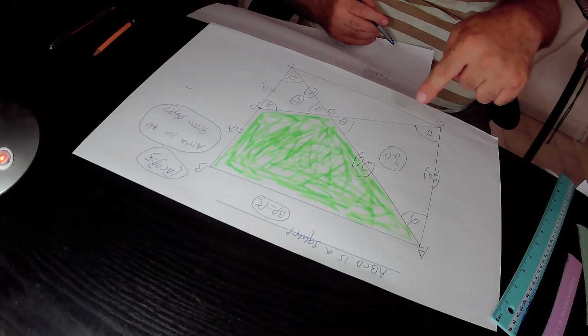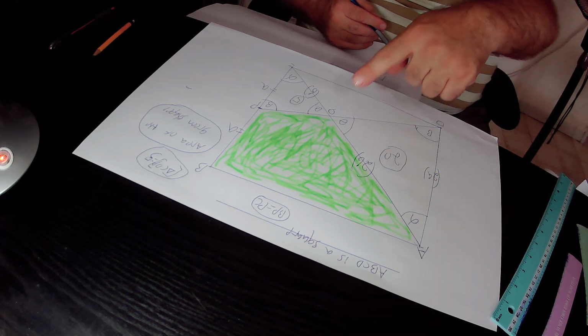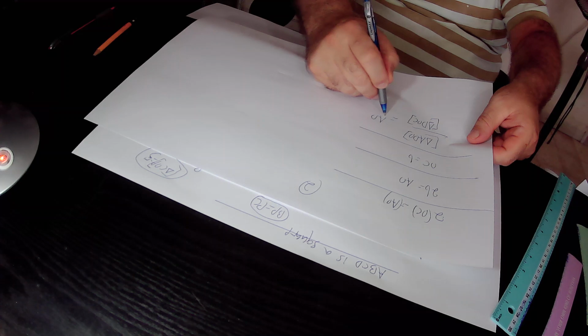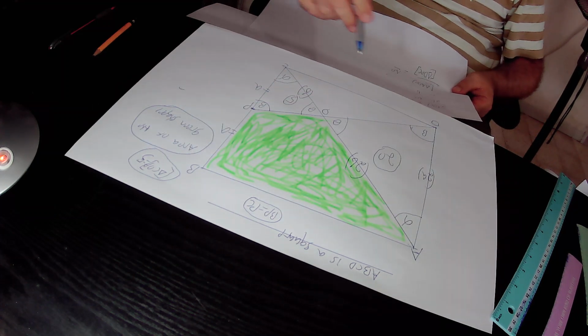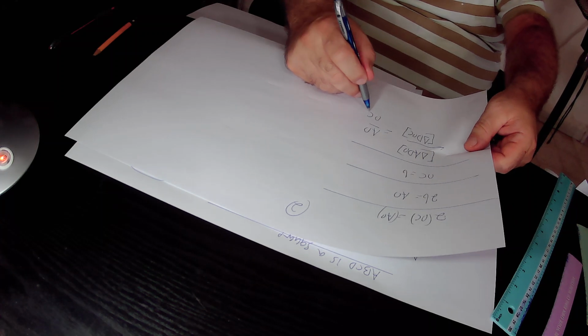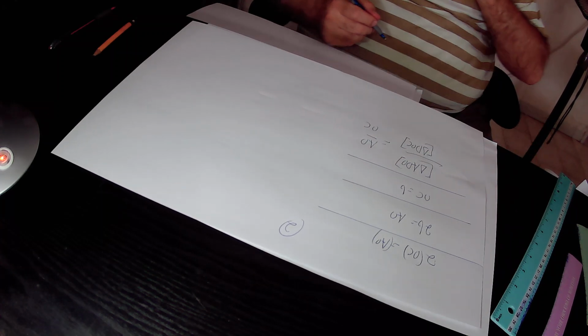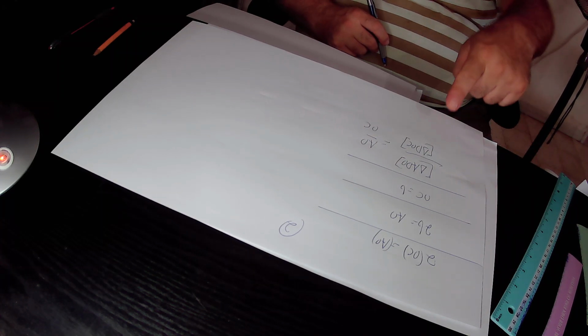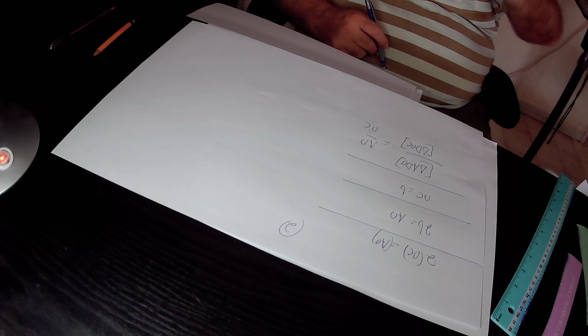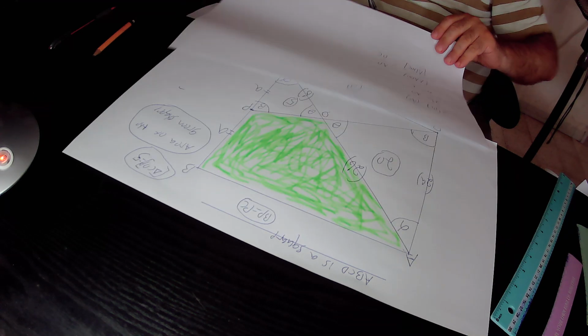The base of triangle ADO is AO, and the base of triangle DOC is OC. So the area of triangle ADO over the area of triangle DOC equals AO over OC.